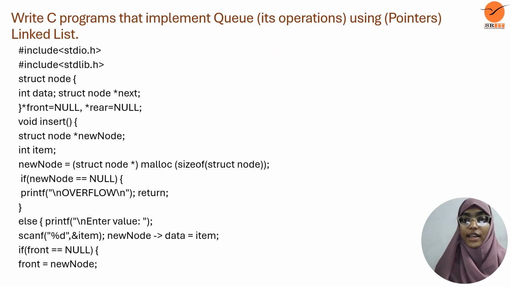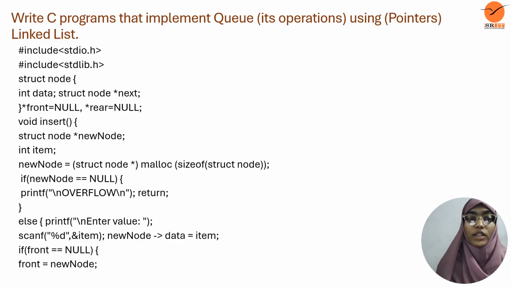Now let us see an example of all these operations in one program. First we are initializing the node, which is struct node with int data, struct node asterisk next, and asterisk front equals null, asterisk rear equals null.